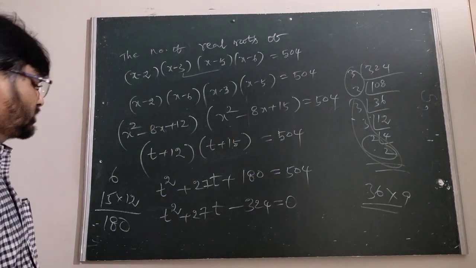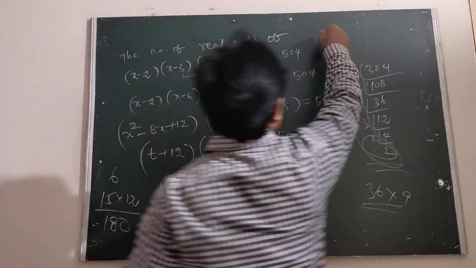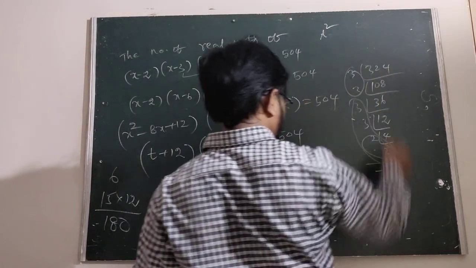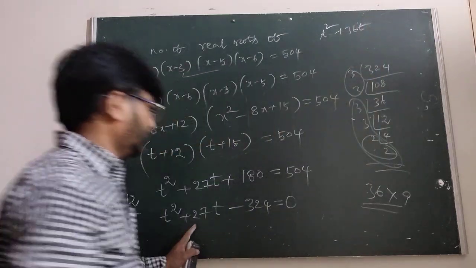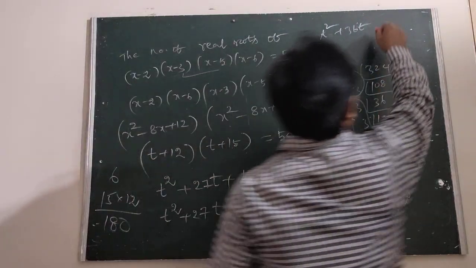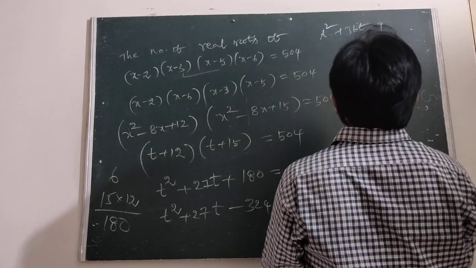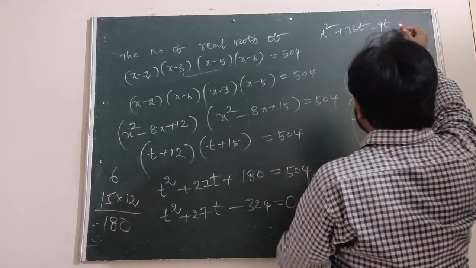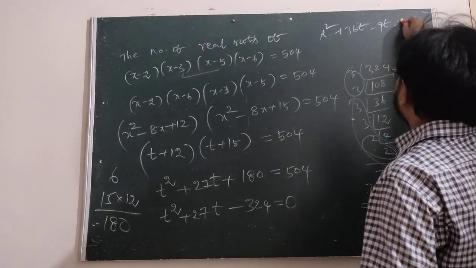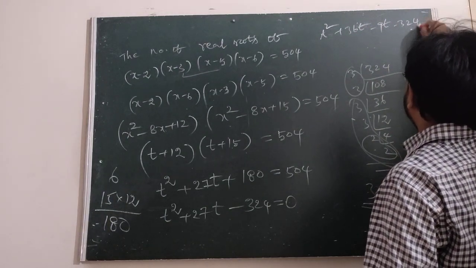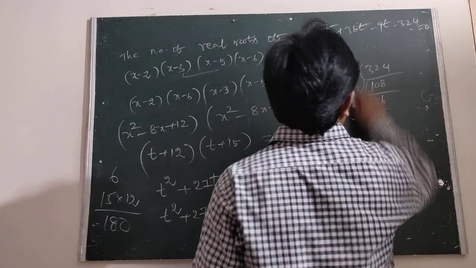Therefore now this can be expanded into the factors: t square plus 36t minus 9t minus 324 equal to 0.